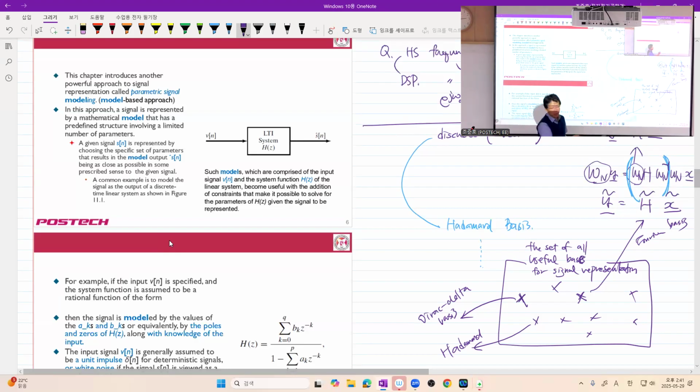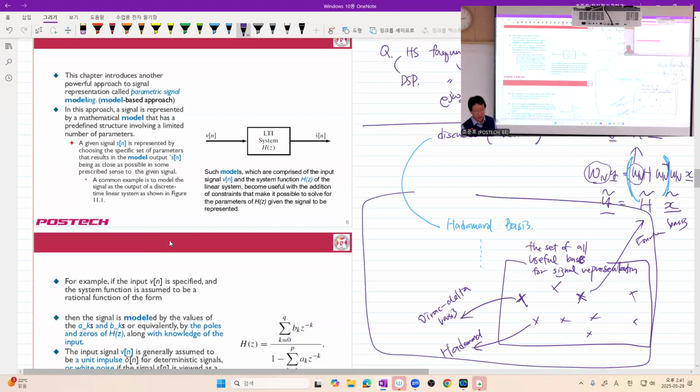Probably we have to consider a bigger set, and here is what we are going to study today. Got it? So I hope, even though I just scratched the surface of this big set, you can distinguish the difference between this group of signal representation and that group.